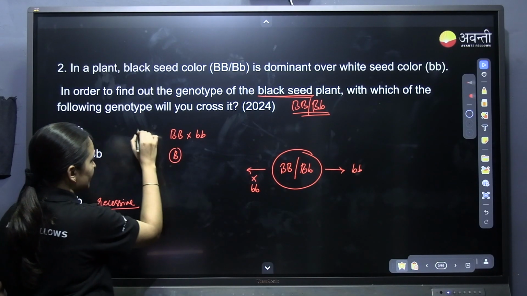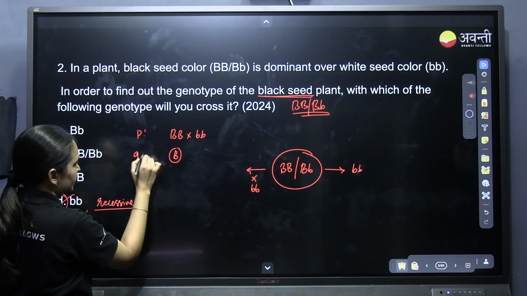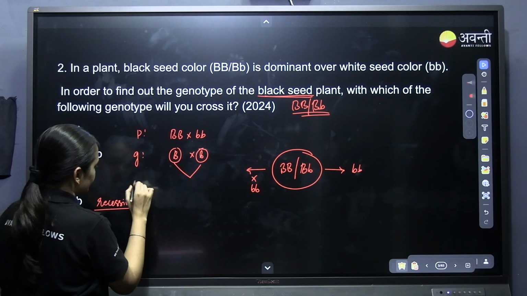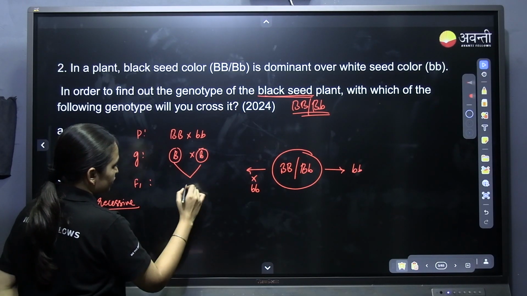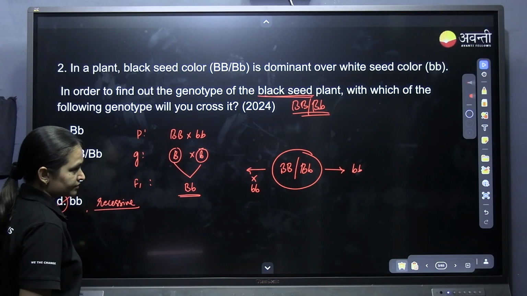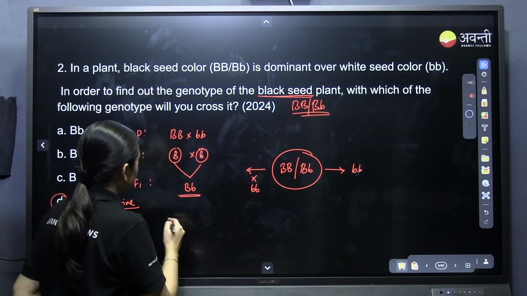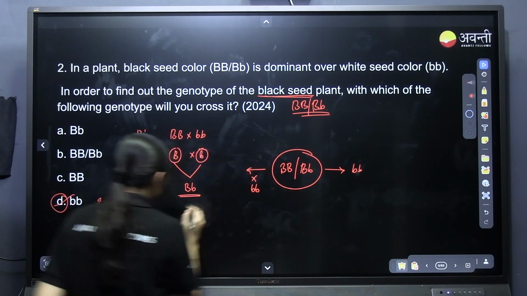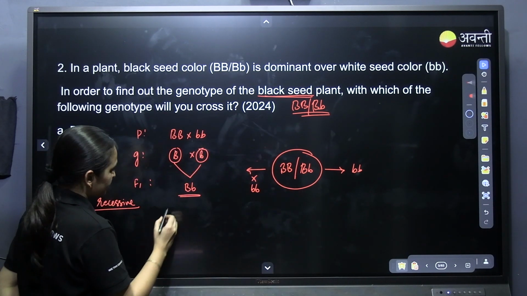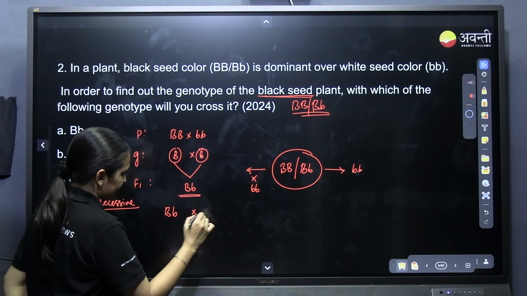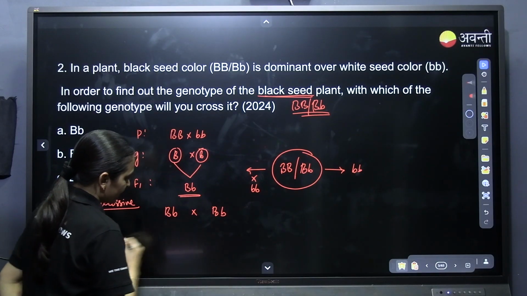If it is capital B into small b, so if these are parents, gametes, in F1 you will get capital B small b, that is this one. And when you do the self cross, what you will get?